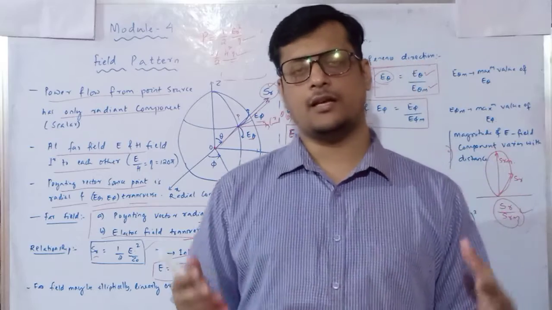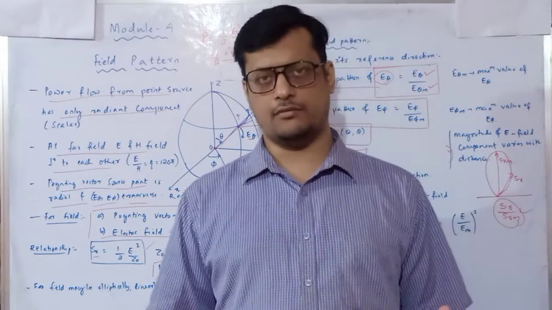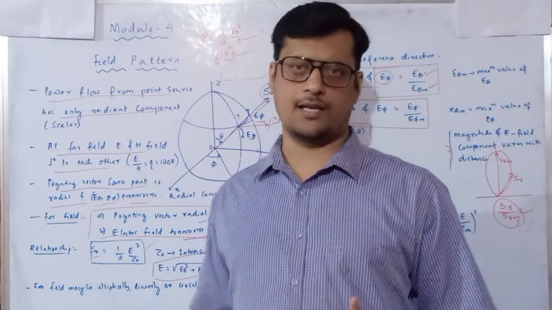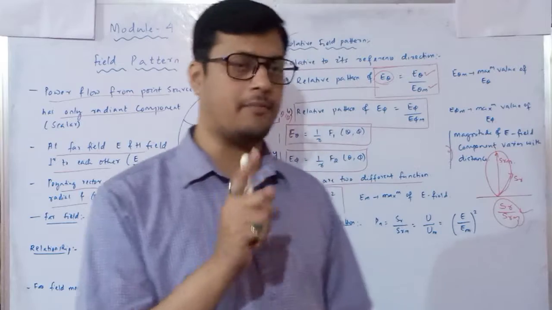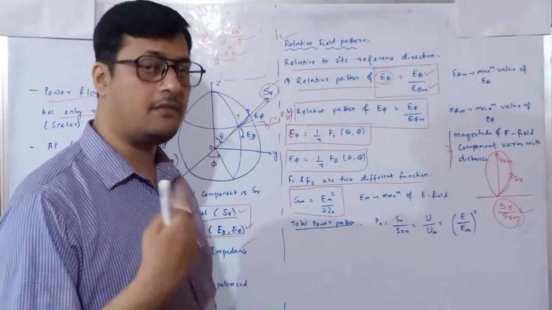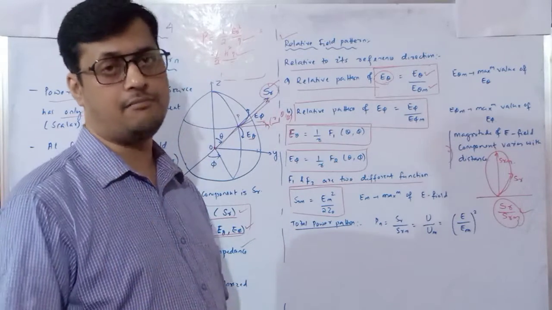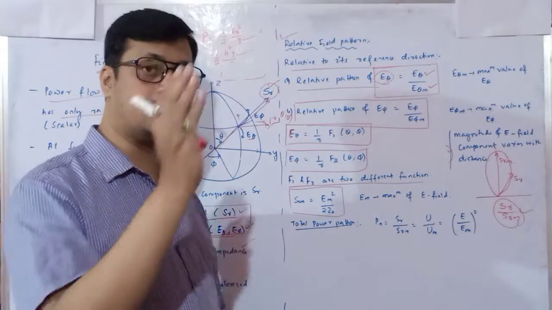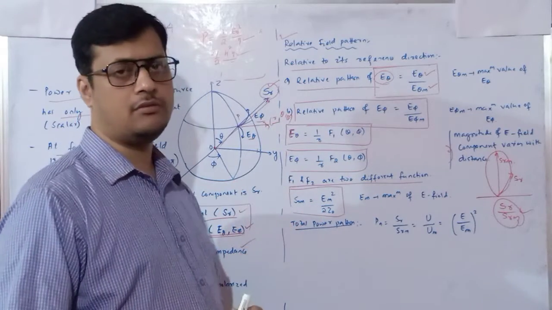Now, what is the maximum value of SR? If I know the maximum value and divide SR by it, I will get the relative power pattern. So here SRM is the maximum value. When will SRM be maximum? When the electric field achieves its maximum value, SRM is EM square divided by 2 Z naught.